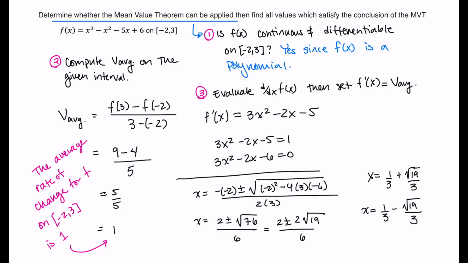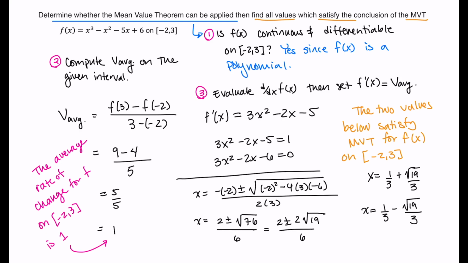All right, so all the values that satisfy the mean value theorem are the two here below. Now, before I end my video, I'd like to show you what this means geometrically using GeoGebra Online.